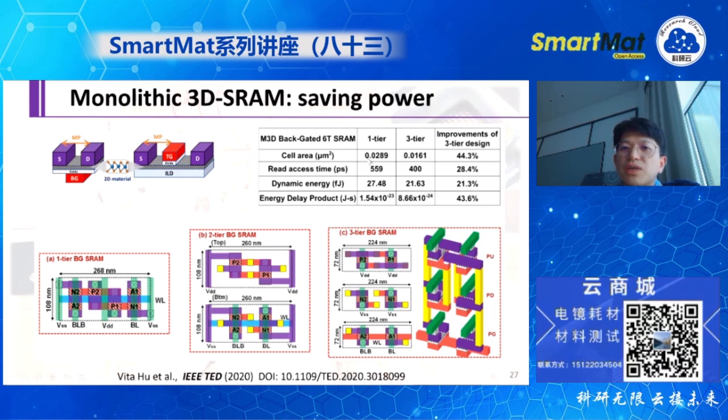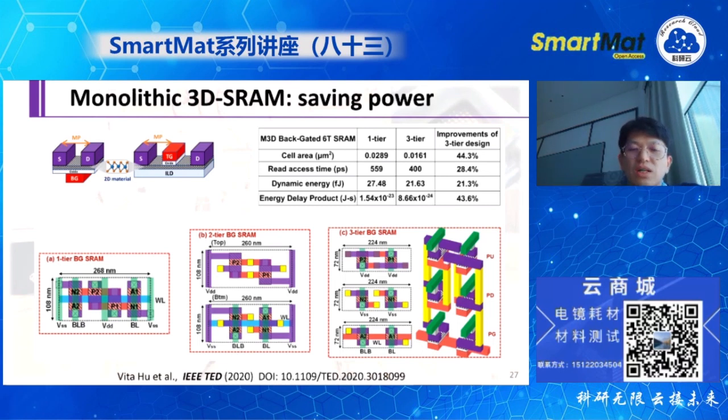If we move from a 1-tier 2D FET-based SRAM to 3-tier, you can save 44.3% of the area size, and you can also save power consumption. For the energy delay product, you can save about 43.6%, which is quite a large benefit. This is why we want to move the 2D layer from 1 level to 3 levels.